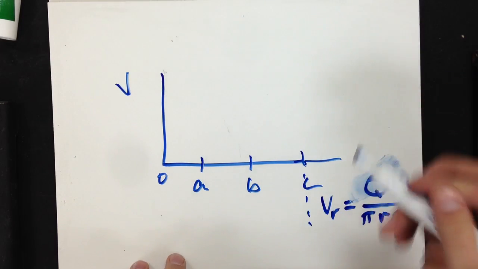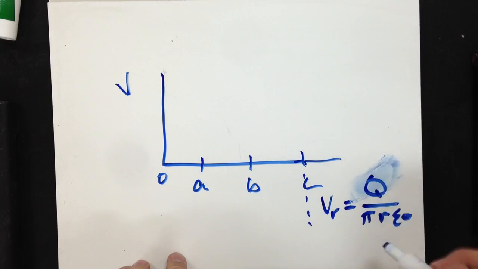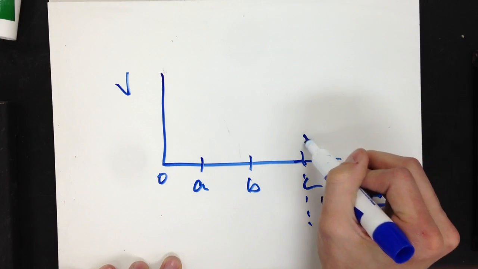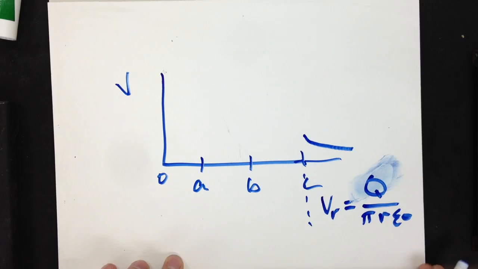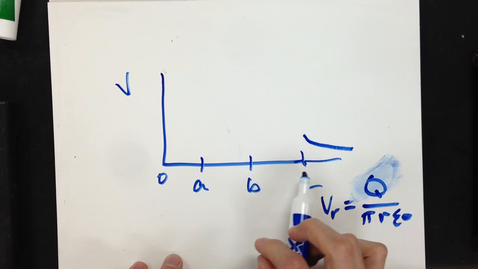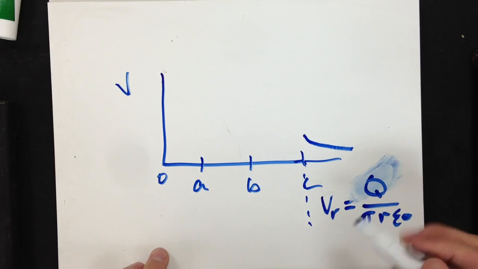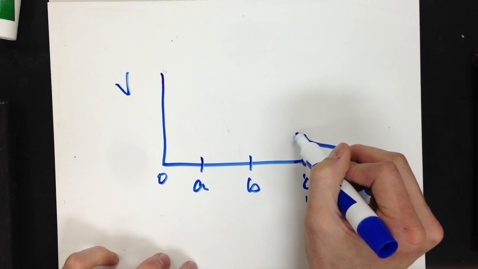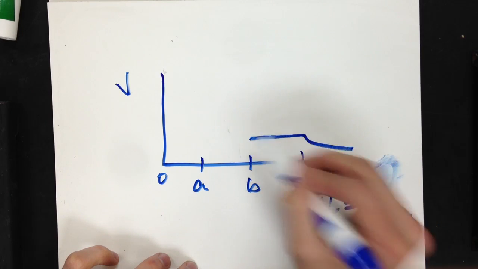So this function is going to appear to be proportional to just 1 over R. So I'm going to draw it kind of like that. Then in the section from B to C, it is a constant, and so it is going to be flat like that.